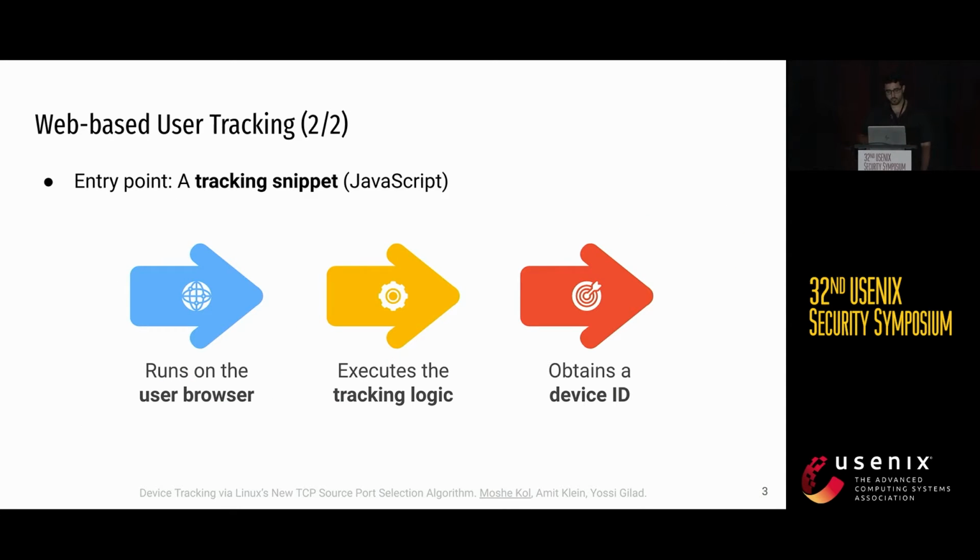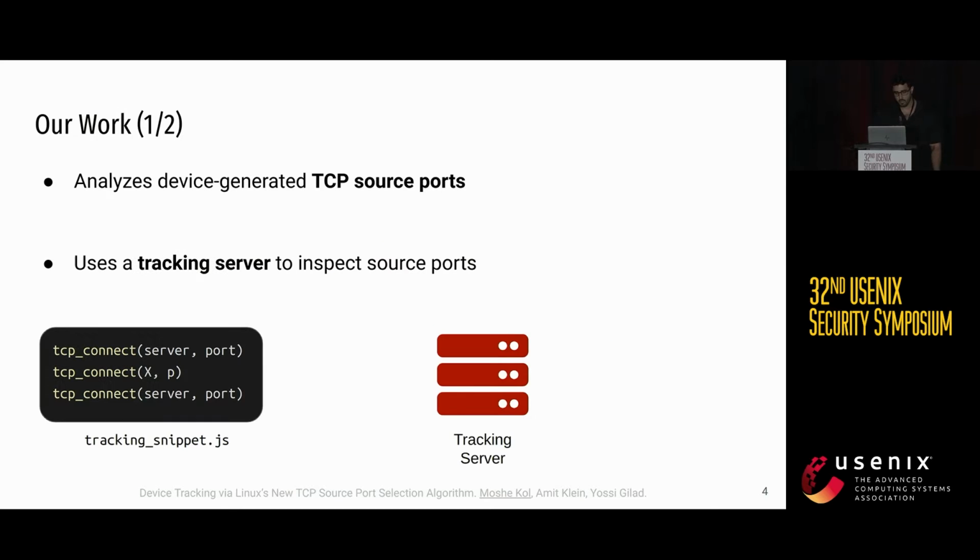So the typical entry point for a web-based user tracking technique is a tracking snippet that is typically written in JavaScript. It runs on the user browsers, it executes the tracking logic, and finally it obtains a device ID that can be used to identify the user.